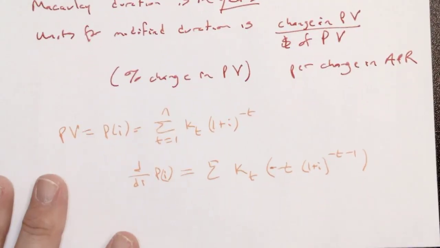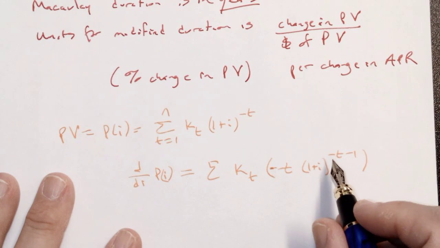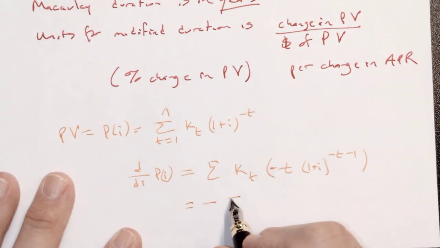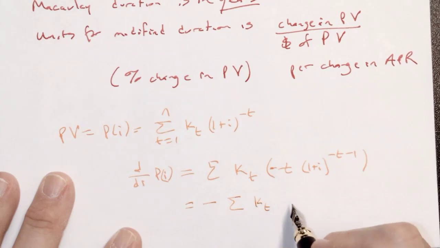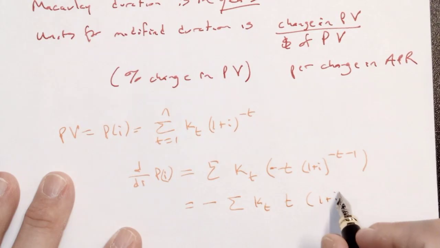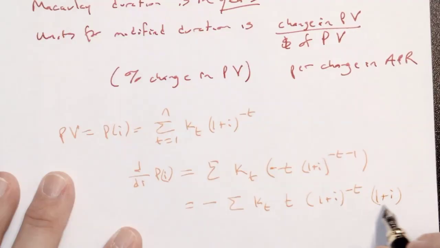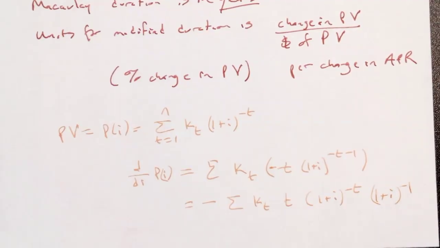Hey, wait a second. Let's put that negative sign out front. Let me split off that (1 plus I) to the negative 1 power.